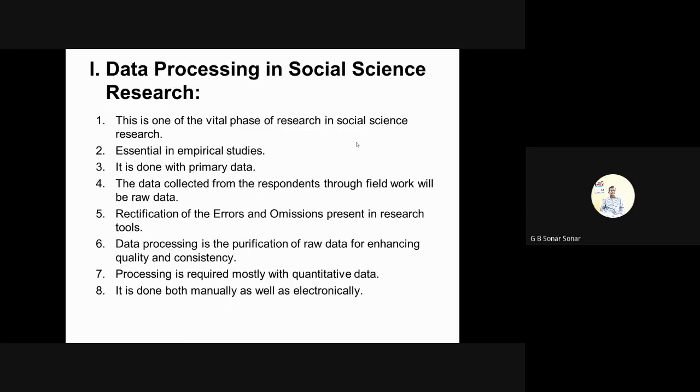For example, tabulation, drawing the tables. Tables can be drawn by using different statistical softwares like SPSS. Tables can also be drawn without using a computer, without using any electronic device. Tables can also be drawn manually. So as researchers, we must have the knowledge of processing the data, like how to process the data manually as well as electronically.